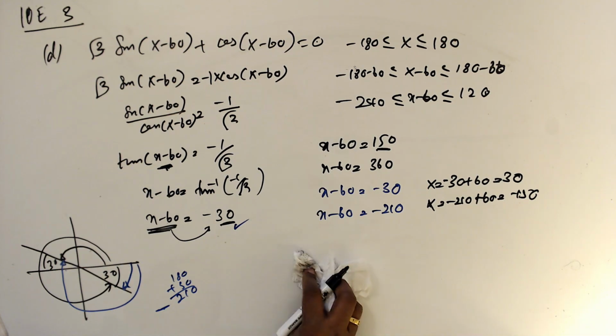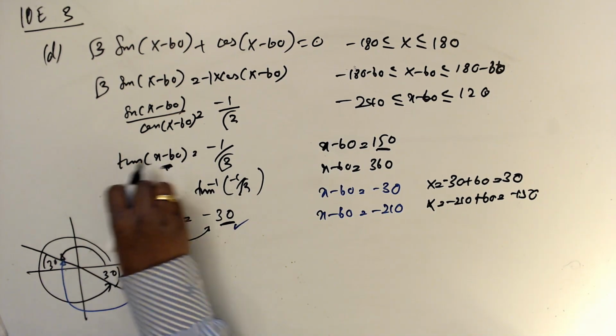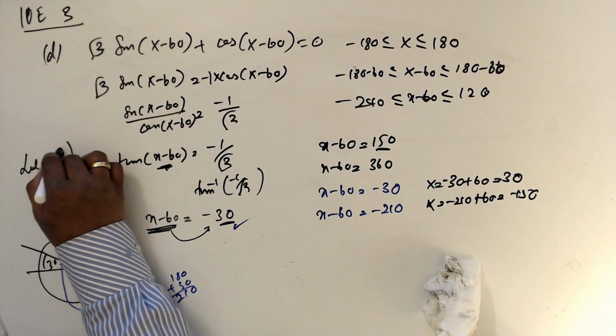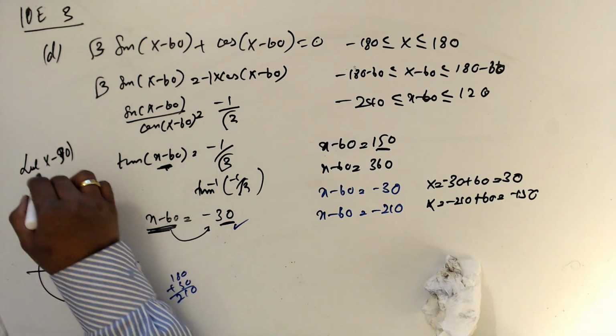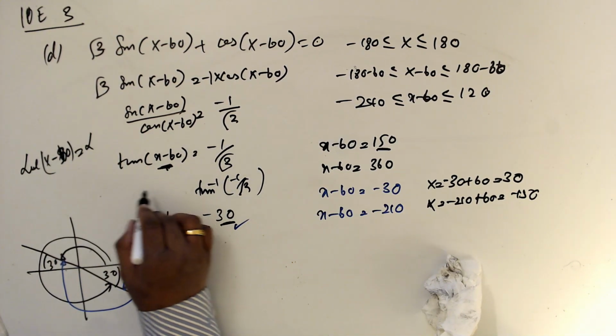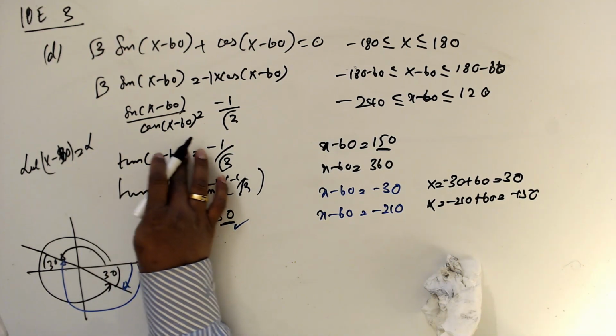So what is happening? I will let x − 60 be alpha. So then this is tan alpha.